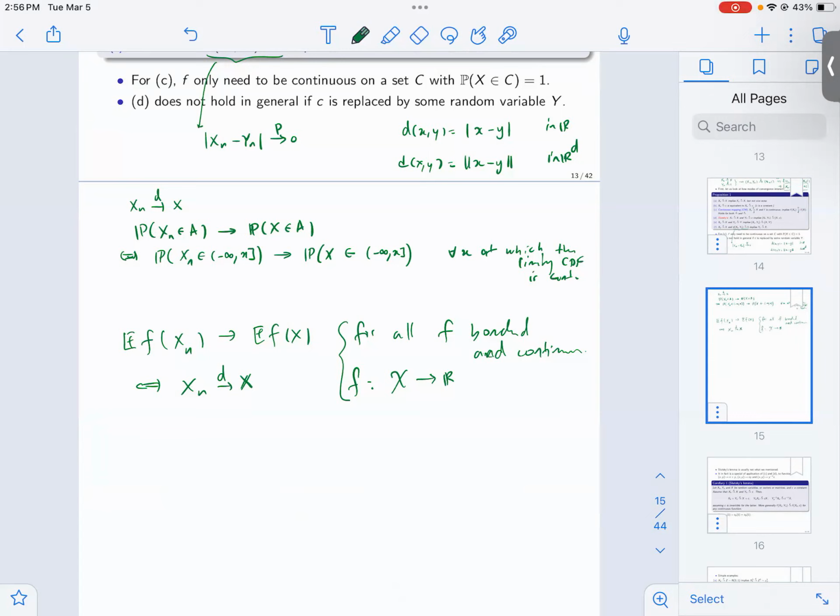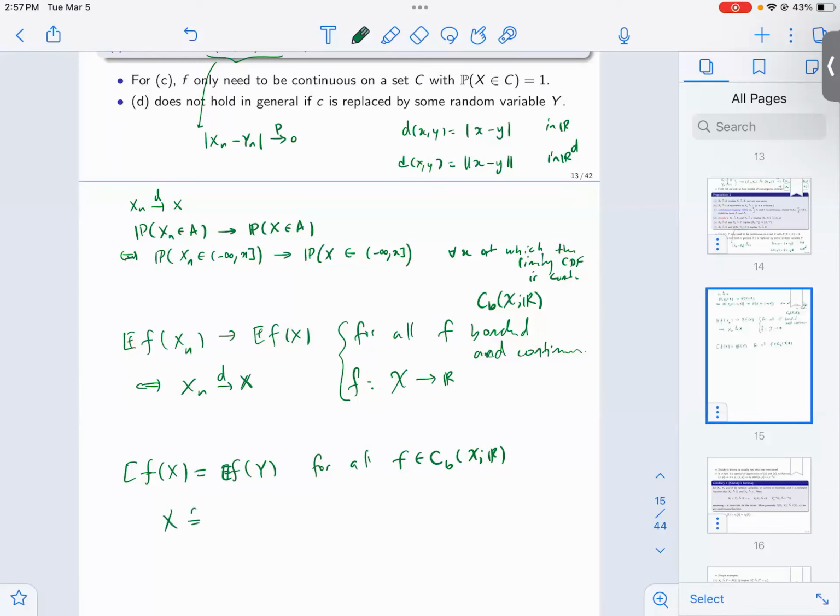So two measures are going to be the same, for example, if this holds for all f in Cb, I'm going to write it like that, continuous and bounded functions from X to R. If this holds, then the two distributions are the same.